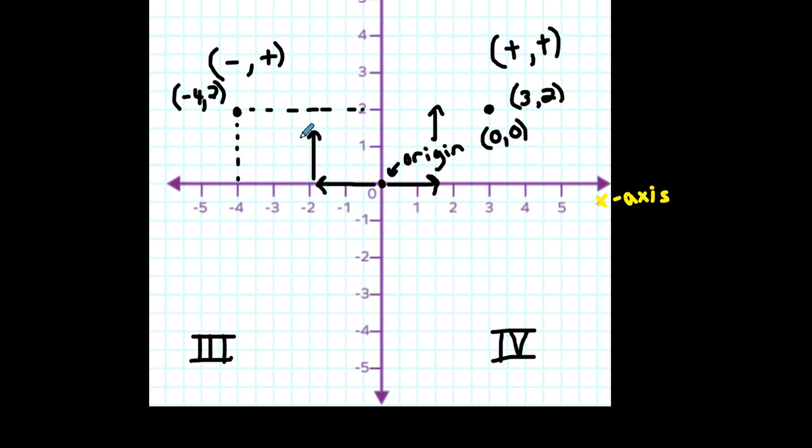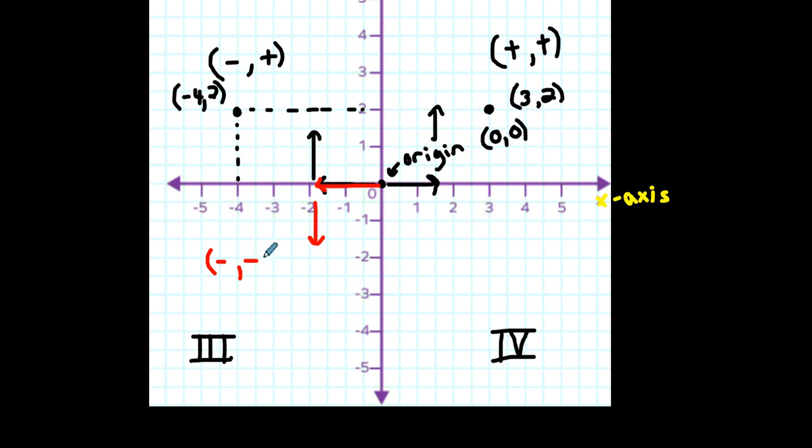Moving down to quadrant 3, in order to end up in quadrant 3 here, we again need to go left on the x-axis. But this time on the y-axis, we need to go down. So in order to go left on the x-axis, we have to have a negative x value. And in order to go down on the y-axis, notice again, we also have to have a negative.